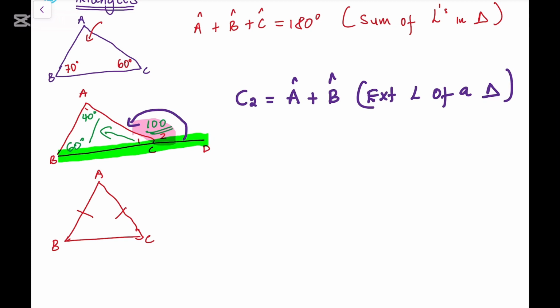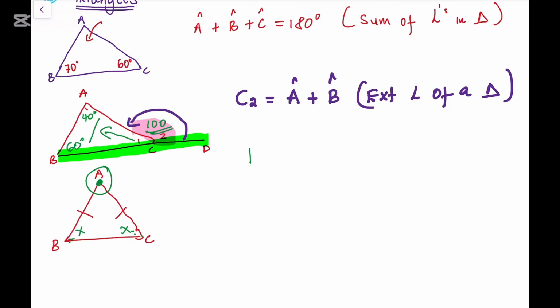Now with the isosceles triangle, this angle B here is always equal to angle C. Can you see the lines that are equal? They are coming from vertex A, so you will just ignore angle A. That means these 2 angles at the bottom are equal.